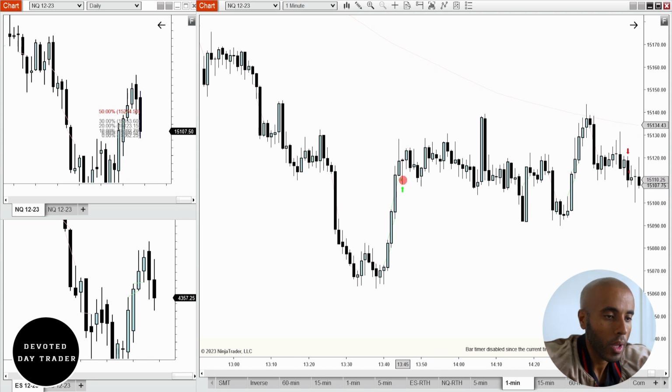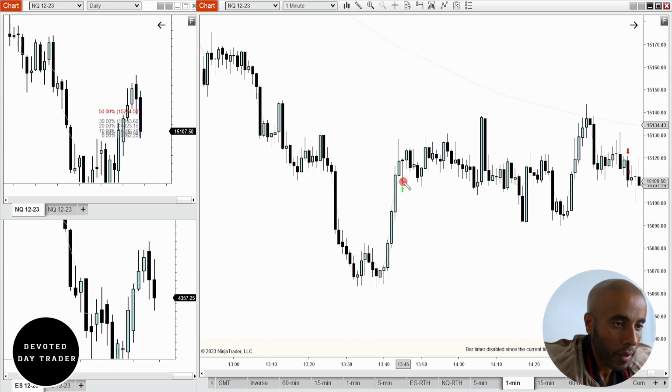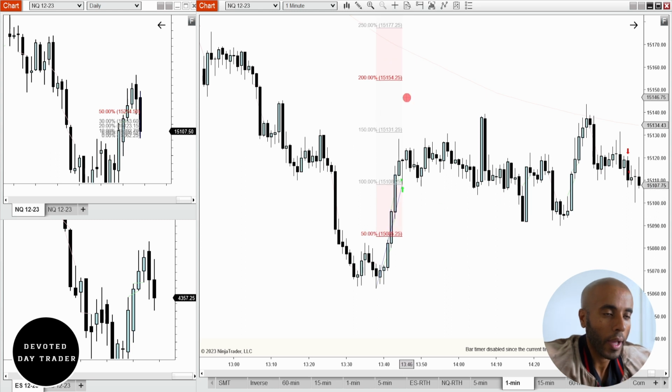I did a measurement of this, and I got 154.25, which lines up with the 30% retracement on the daily candle.